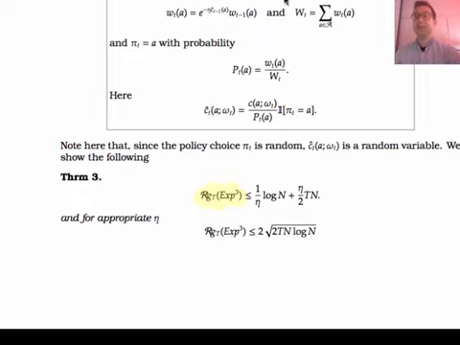The difference from the previous one is we didn't have this n here previously. In other words, if we choose the best eta that we could here, we're going to get something like 2 square root of 2 t n log n. So we don't get the nice scaling with the number of arms, but we still get the nice square root of t. So we still learn as well as the best expert.